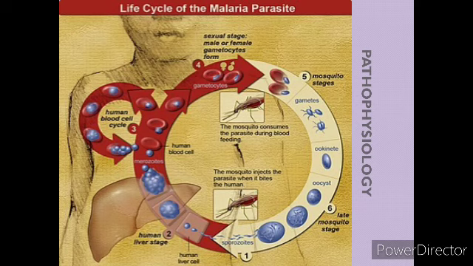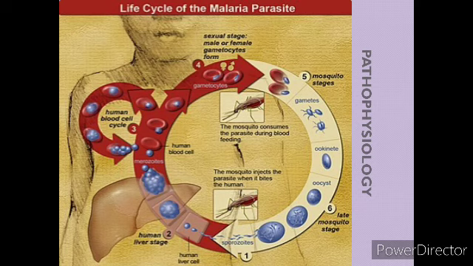Others go into the lungs. Then some remain in a dormant form. These which remain in the dormant form are the ones we call the hypnozoites. Then the merozoites, which have gone into the bloodstream, attack the red blood cells.